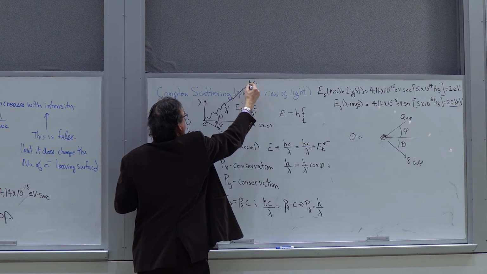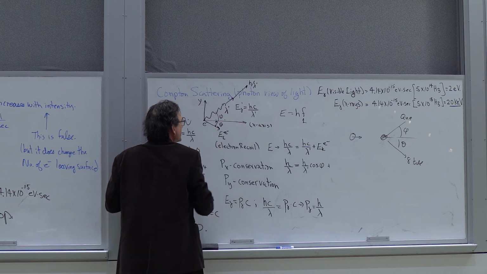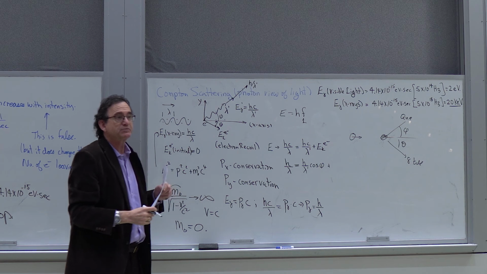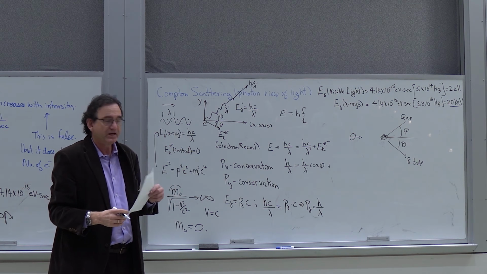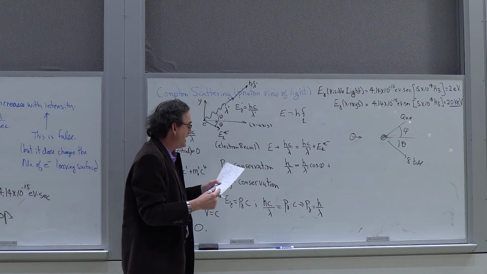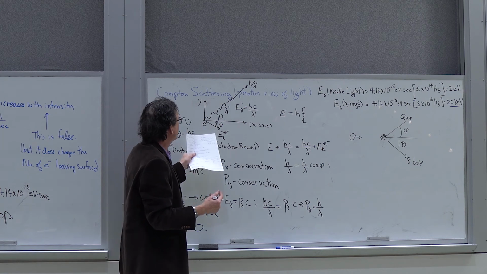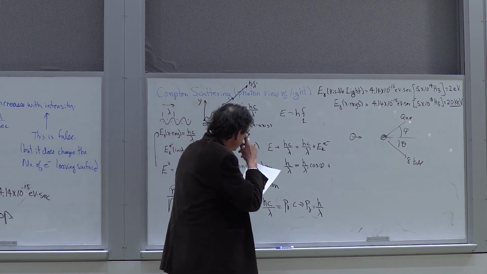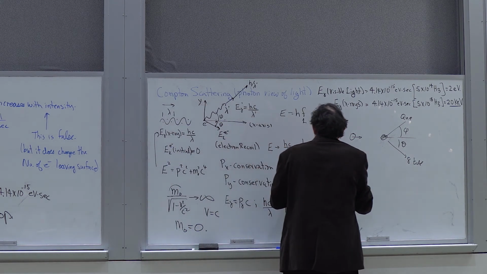And if I want the x component of that, I have to multiply by cosine phi. This is the x component of the scattered photon's momentum. Now, what is the x component of the scattered electron's momentum?